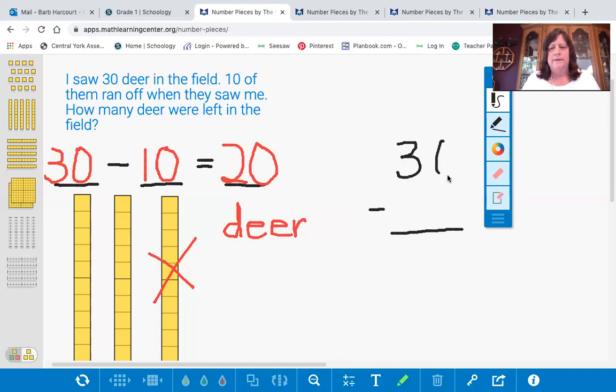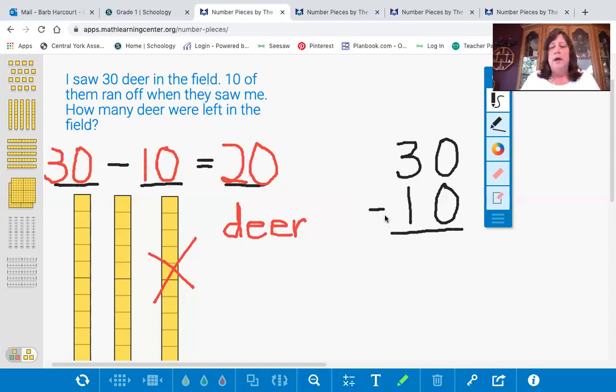3 10s, 0 1s. And right under this in a vertical problem, we want to write our second number, which is 10. We need to make sure the 1 is under the 3 because that's the 10s, and the 0 is under the 0 because that's the 1s.